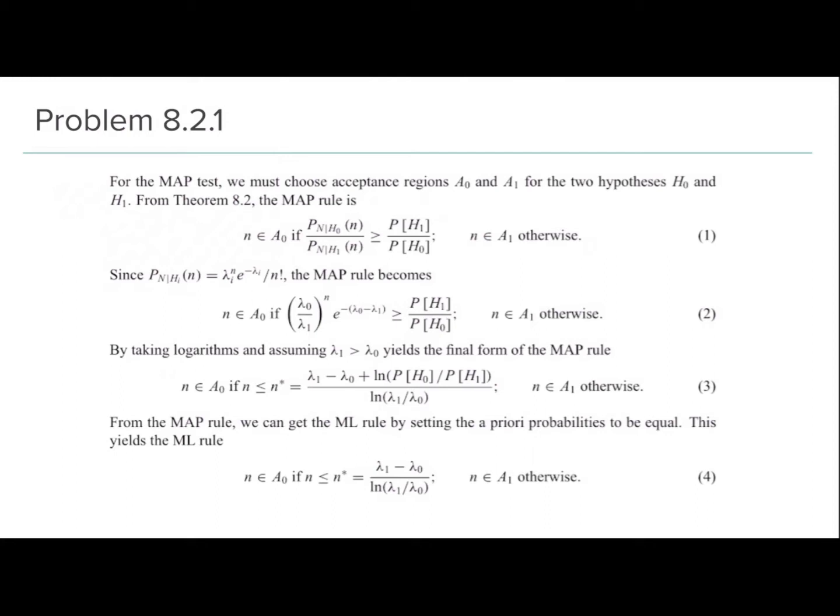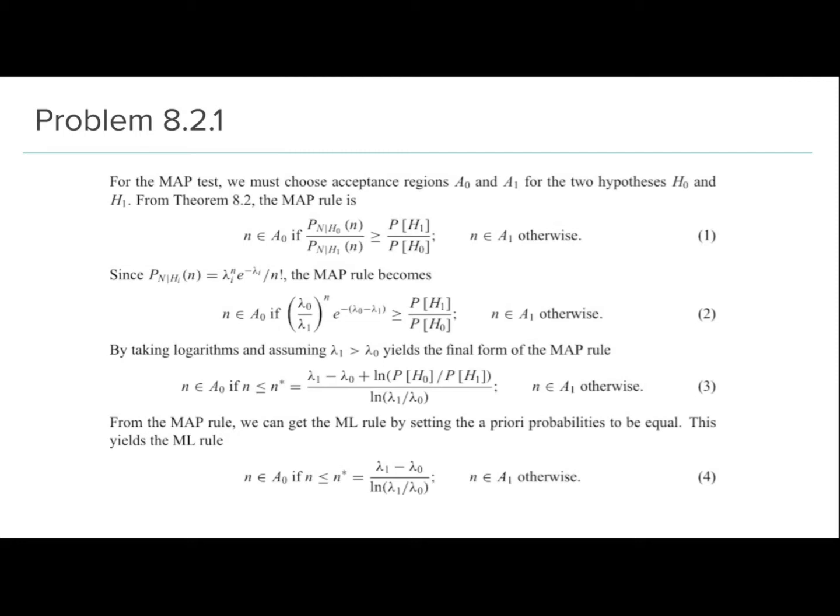We take minus of (lambda naught minus lambda 1) to the other side, so n times ln of lambda naught by lambda 1 is greater than or equal to lambda naught minus lambda 1 plus ln of P of H1 divided by P of H0. Then we multiply by minus 1 on both sides, and minus of ln of a by b is equal to ln of b by a, so we do that as well.